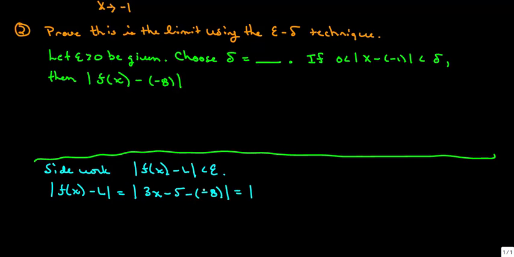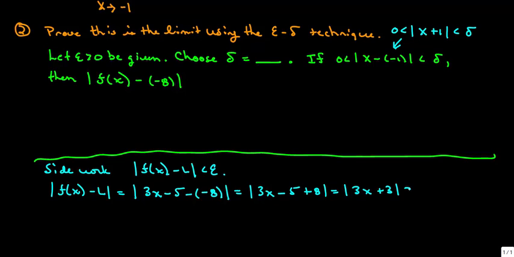Now we try to reduce this, and we want to write it so that it looks like this, which, by the way, is equal to the absolute value of x plus 1, because it's minus a negative. You'll often see it written like this. So let's continue. This is 3x minus 5 plus 8, which is equal to 3x plus 3.